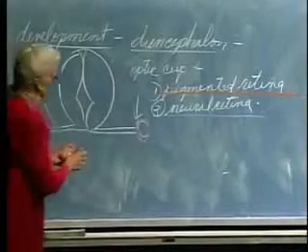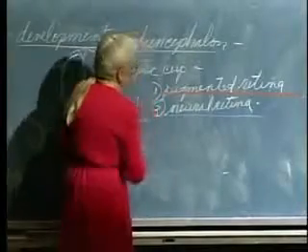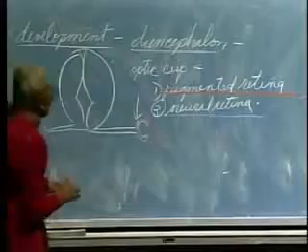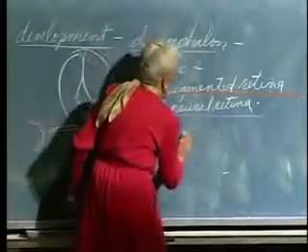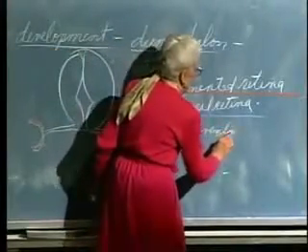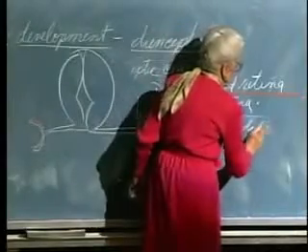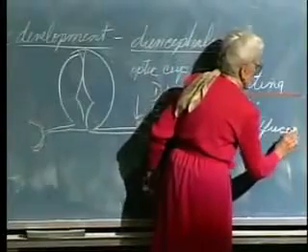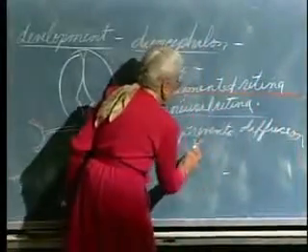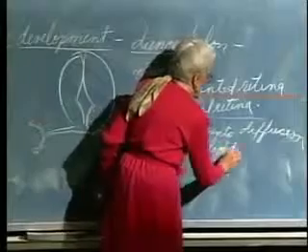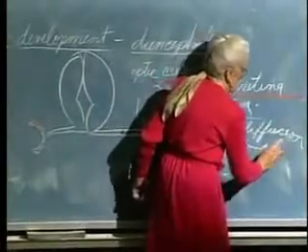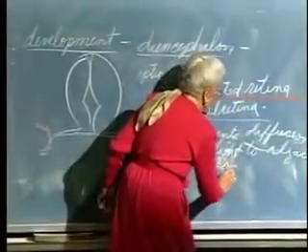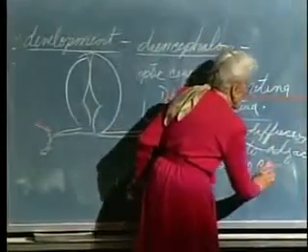The pigmented layer prevents the diffusion of light to adjacent rods and cones.